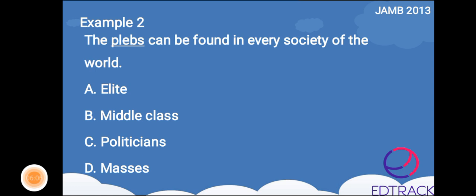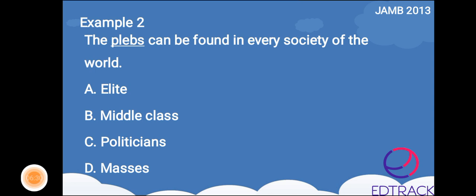The plebs, what is the meaning of this word? When we say the plebs, it means the people that are of low social class, people that are poor, people that are not so recognized in the society, the non-privileged.